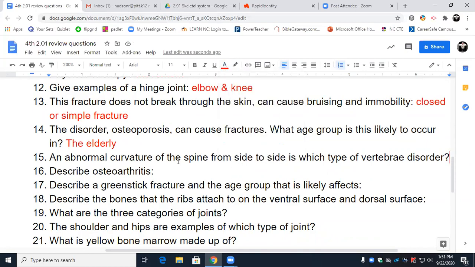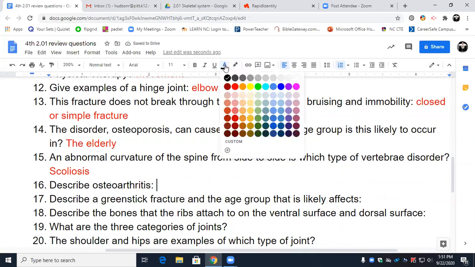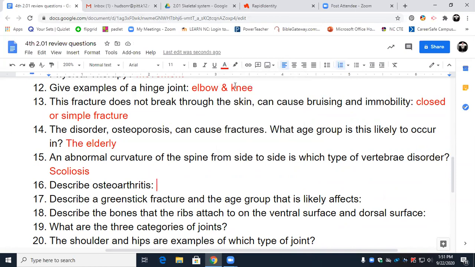All right, so this vertebrae disorder is a side to side, so it's an S shape. Scoliosis, correct. Osteoarthritis is the normal wear and tear on a joint.